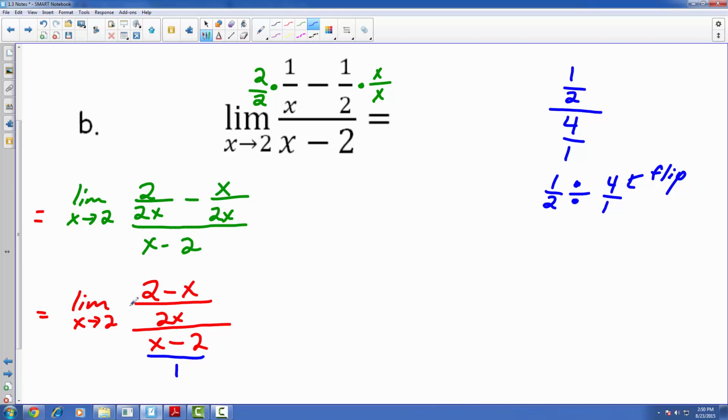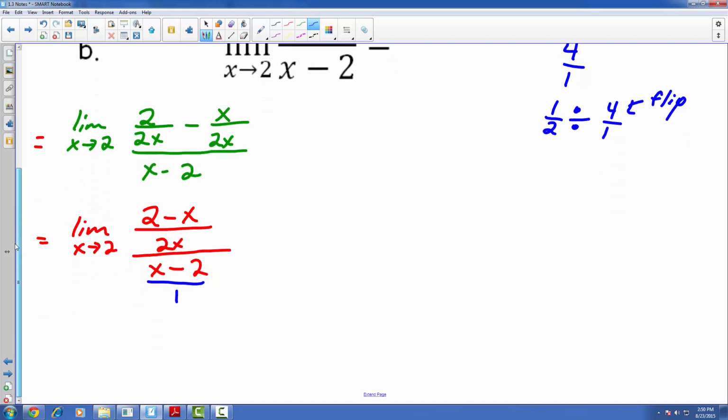So we're going to go ahead and just do the exact same thing with our rational functions. So then we end up with the limit as x approaches 2 of 2 minus x over 2x. I'm going to go ahead and just change that division bar into a division symbol.